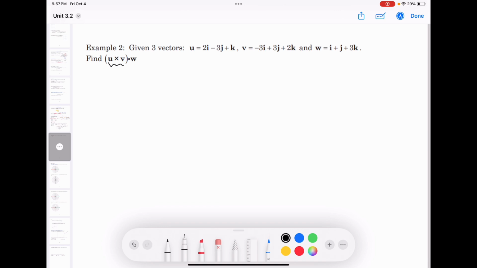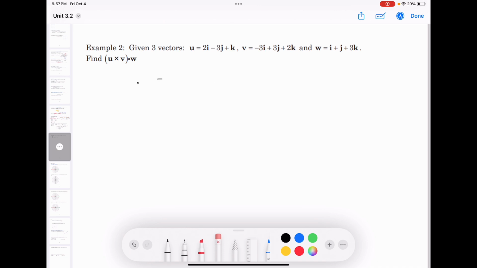So U cross V is a vector. Vector dot another vector, dot product, is a scalar. That means the solution must be a scalar. It is a number, positive or negative number. So let's do the parentheses first.